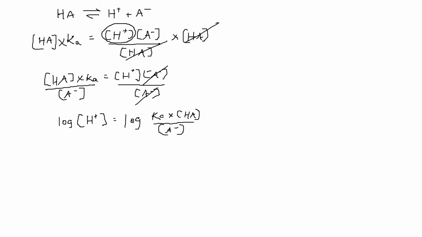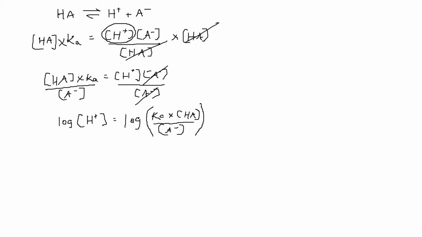So all that together. There we go. So we've got a relationship here: log of the concentration of the dissociated acid is equal to log of Ka times the undissociated acid divided by the concentration of the base.